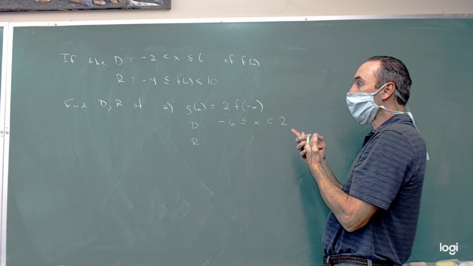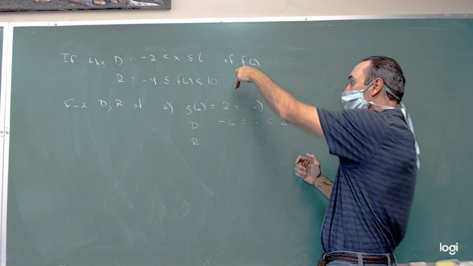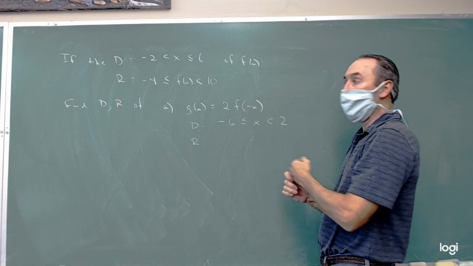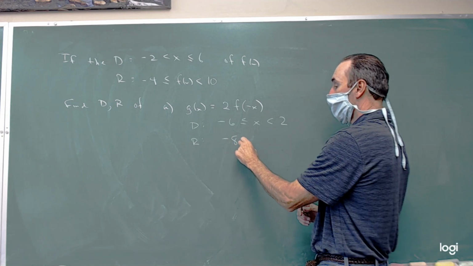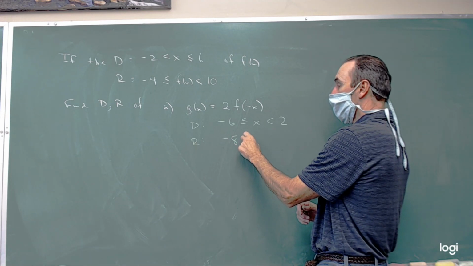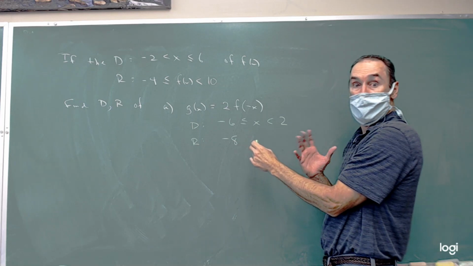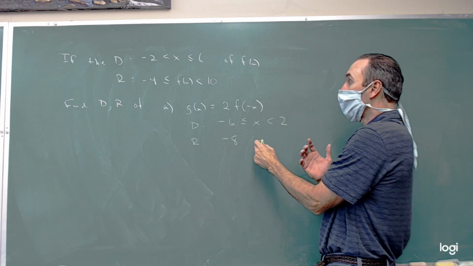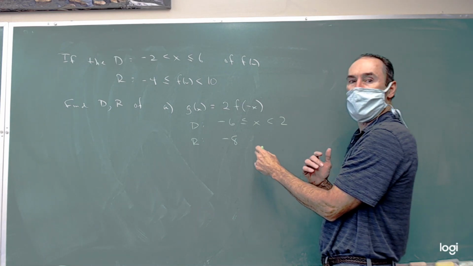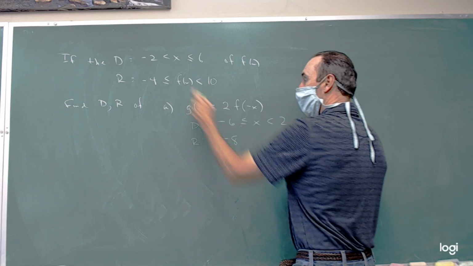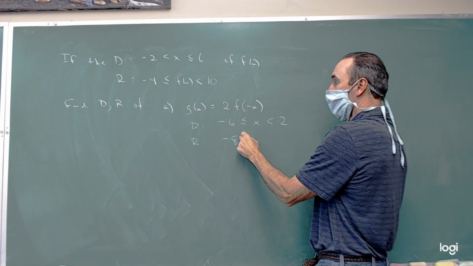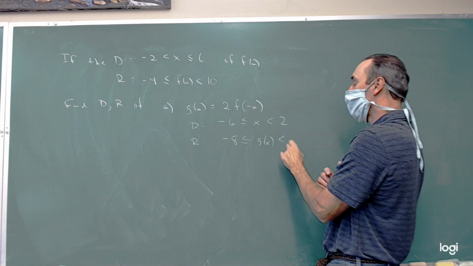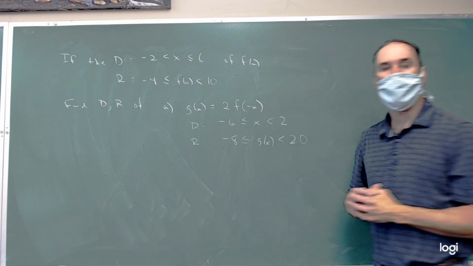So if we look at the range that we have, and we're going to multiply it by the 2, it'd be -8, and then multiply by a positive 2, so the inequalities are going to stay the same. 20. Well, we skipped over some important stuff there. Less than or equal to, and we can say g of x or y, I'm not really worried about that. And then 20 is correct.